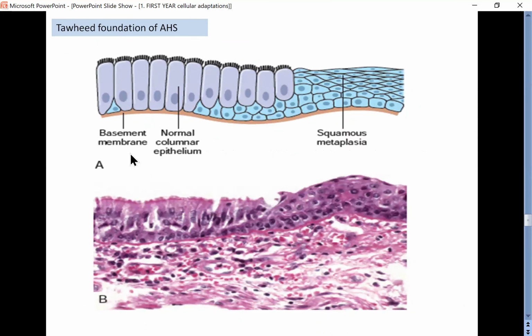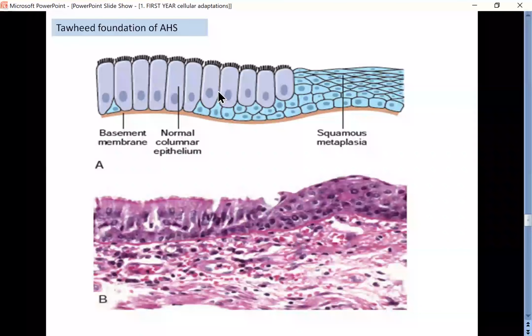In a habitual cigarette smoker, the normal cells which line the trachea and bronchi are this kind of cells. You can see cilia, and the cell looks like a column. So this cell is called the normal ciliated columnar epithelial cell. These are the cells which line the bronchi as well as the trachea.